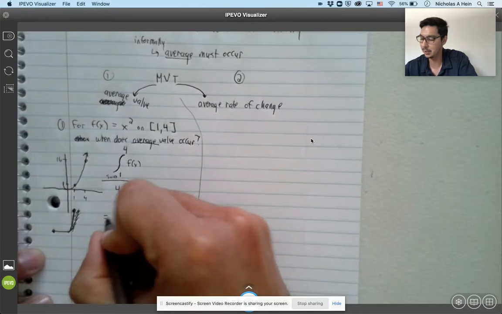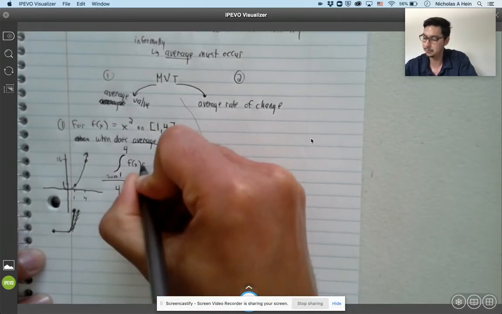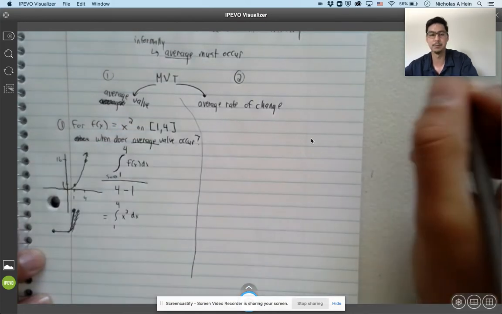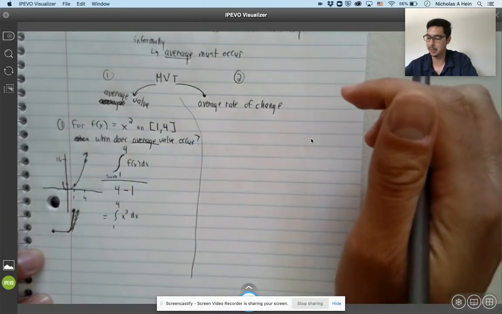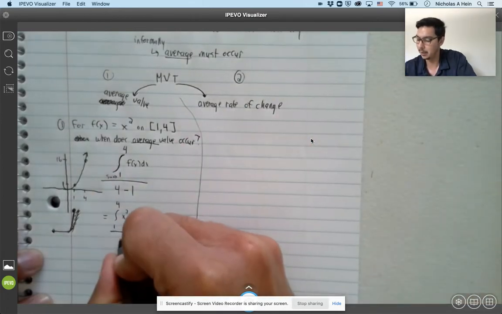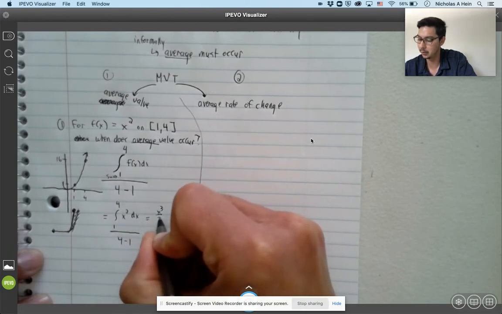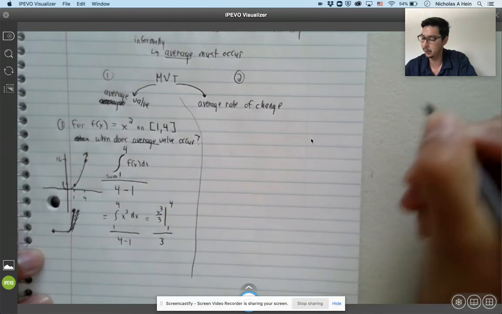If we do this by hand, we're doing the integral from 1 to 4 of x squared dx, and that will add up every y value along here, infinitely many y values, that is. Then we divide by 4 minus 1. The integral of x squared is x to the third over 3, evaluated from 1 to 4, and then dividing by 3.